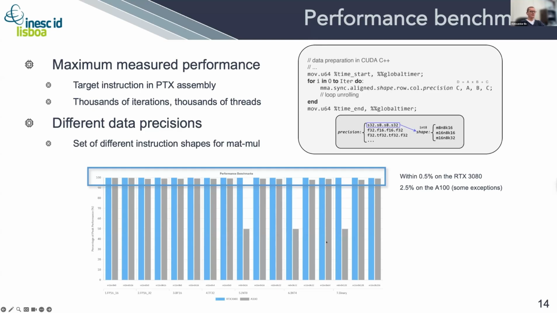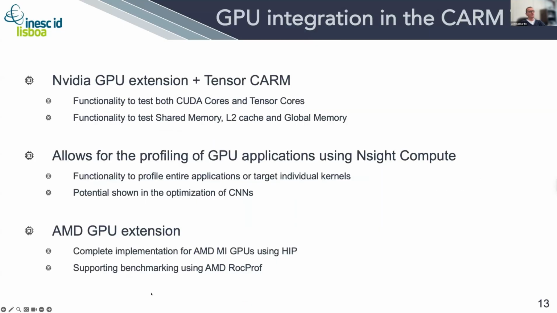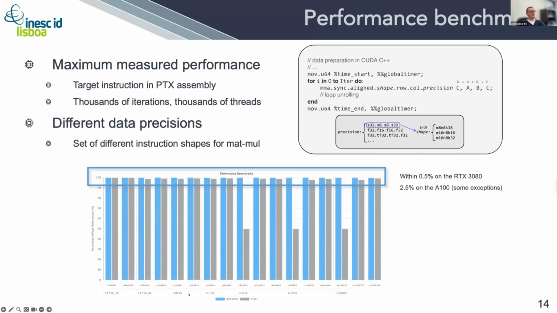So this is an excerpt of the code with a high-level view. For example, you can have FP16 with 32-bit accumulation, BF16, and TF32, and all the other ones. In terms of the efficiency of the micro benchmarks that are embedded, we were quite surprised that you achieved almost near theoretical values in the GPU.